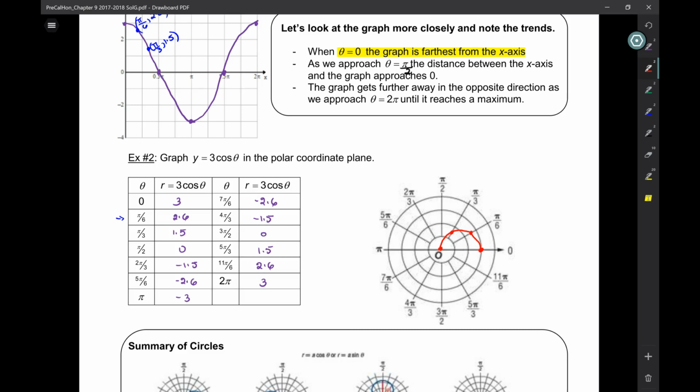So now it's going to go back to the farthest point in the opposite direction. So I'm going to go at 2 pi over 3. 2 pi over 3, it's negative 1.5. So not on this side, but on the opposite side, negative 1.5 here. Okay?